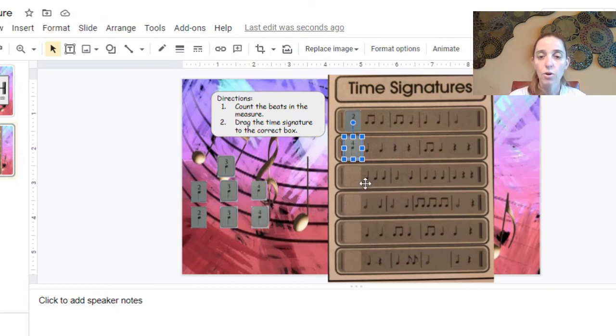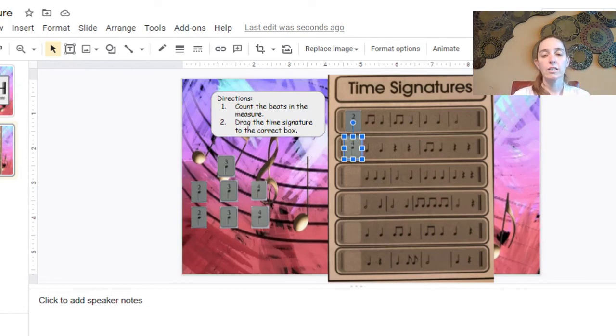Okay, let's see what the next one is. We have 1, 2, 3, and then we have a bar line. So we have ta, ta, ta, ta, ta, ta, ta, ta, ta. So does that feel like it's in 1, 2, 3?